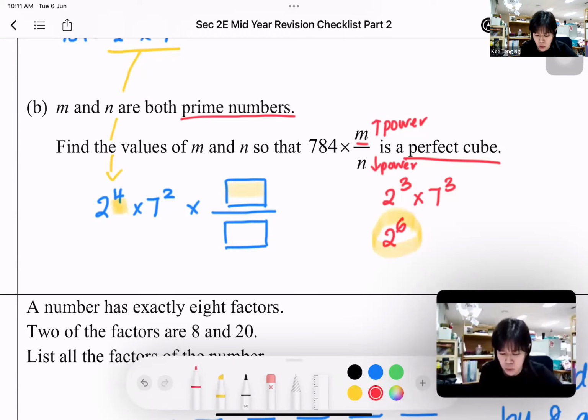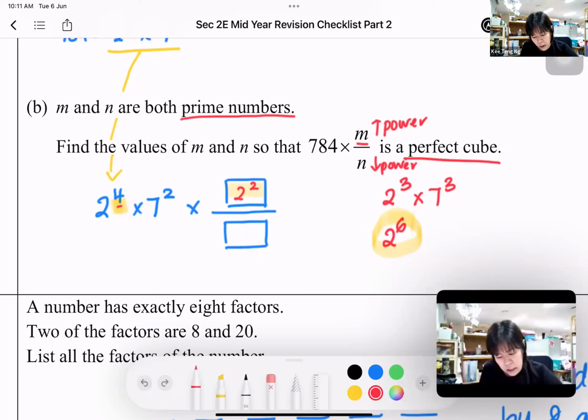But when you have a number that looks like that, 2 squared, this is not a prime number. So in this case, this number doesn't work. Or let's say you want to get rid totally of 7 squared. So I divide by 7 squared. Again, this number 7 squared, 7 times 7, 49, is not a prime number. So these two answers don't work.